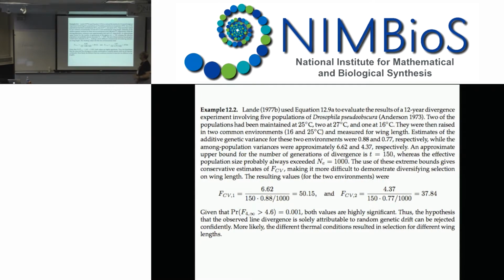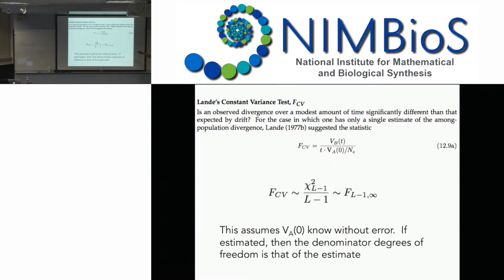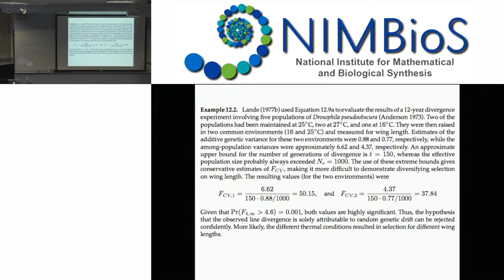So if you highball it, you'll be pretty good. Taking this lower estimate, if you figure out the F ratio by plugging those things in, you get 50.5 and 38 here, with 4 degrees of freedom: 5 replicates, so L is 5, L minus 1 is 4.